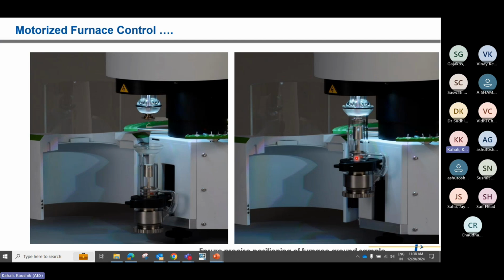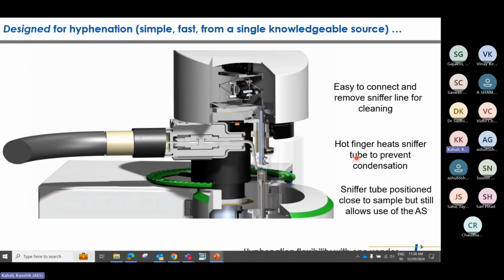That is mainly to eliminate any buoyancy effect or gas flow effect which may disturb the measurement of the microbalance, because before that you have done the weight taring. So after that, when you are actually putting the sample, there should not be any circumstances which may affect this measurement. That has been taken care of by this motorized design.